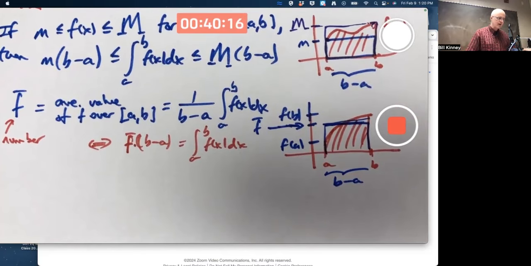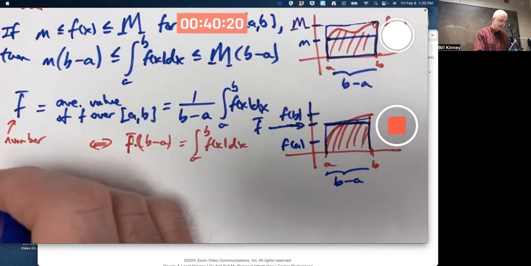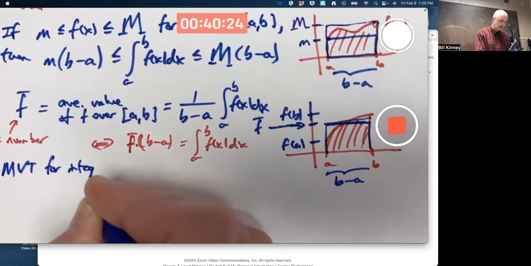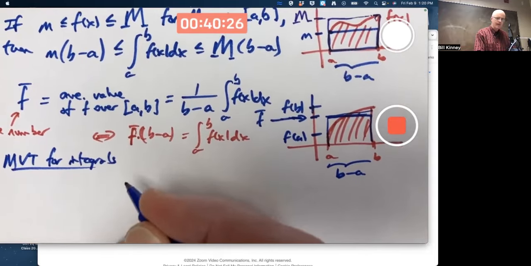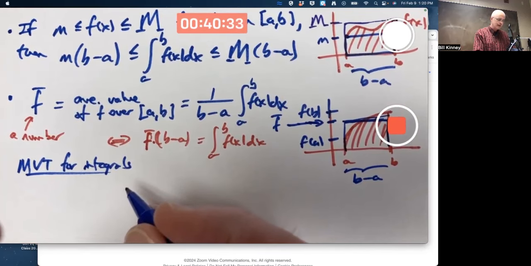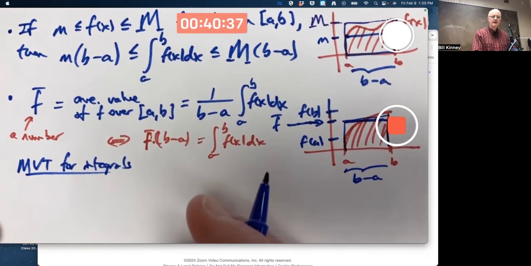There is also a theorem that I am going to mention that's related to this. It's called the mean value theorem for integrals. MVT for integrals, not that you learn in Calc 1 here. If f is a nice function, I'm not going to write out the theorem completely here.